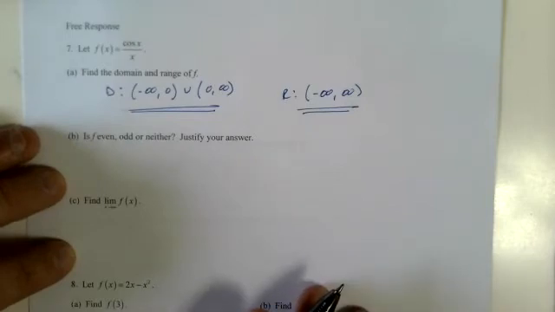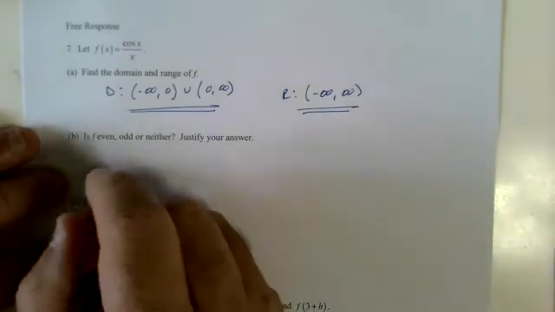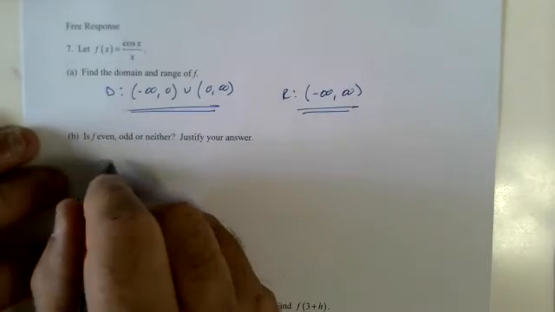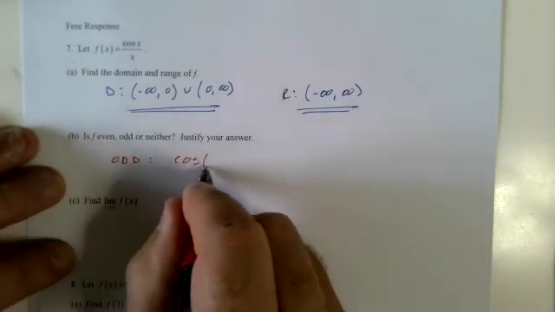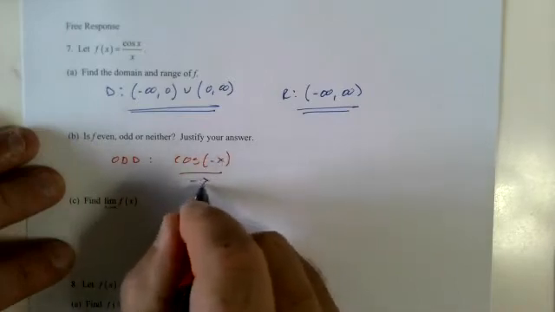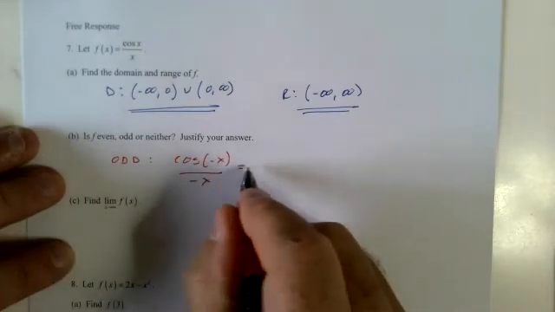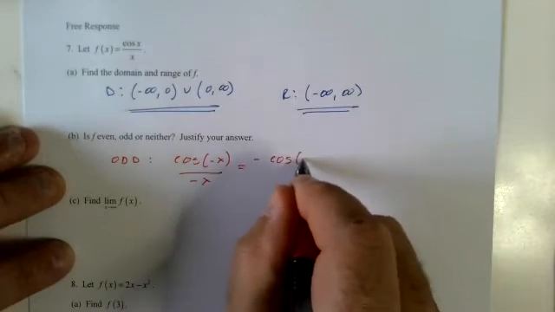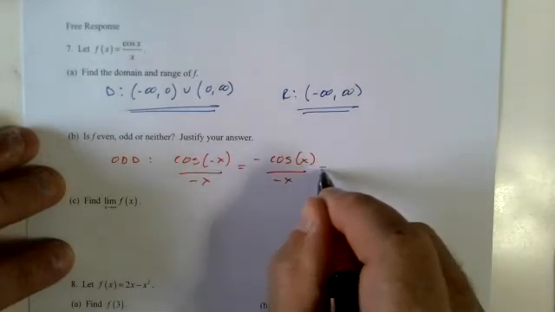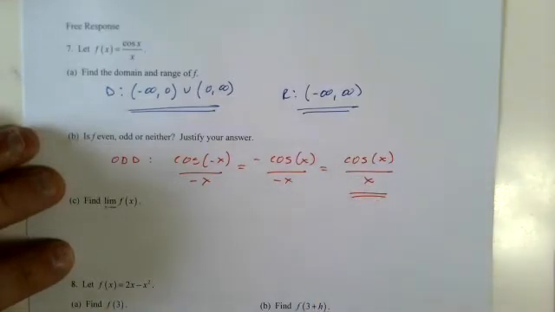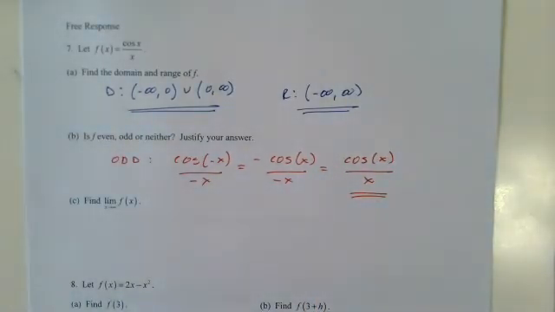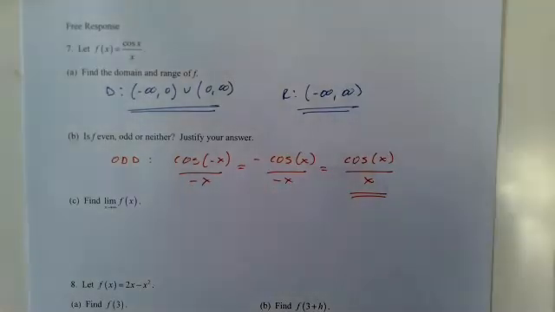Is f even, odd, or neither? It's odd. Because if I plug in negative x, I get negative cosine of x over negative x, which is just cosine of x over x. AKA, if I graphed it, it has point symmetry. Simple enough.